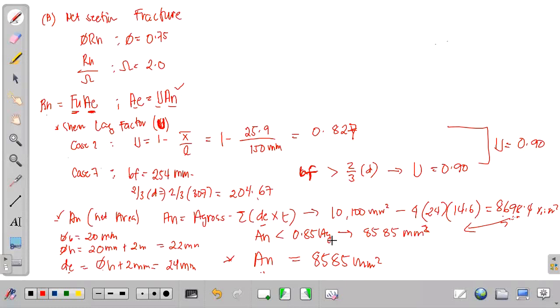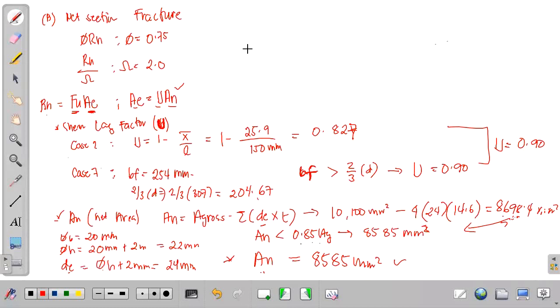Since yung maximum net area natin is 0.85 of AG. Pagka nag-exceed yung value natin ng AN dito sa 0.85 of AG, ang kukunin nating net area is the value of 0.85 AG. Pagka mas lower yung AN, ang kukunin nating value ng AN is yung computed value of net area. Okay? So yung net area natin is 8585 mm squared.